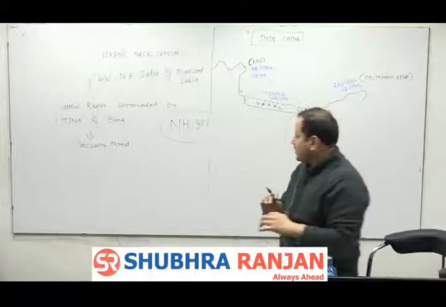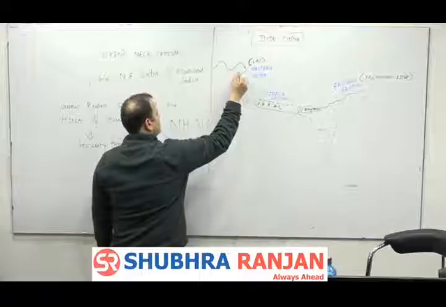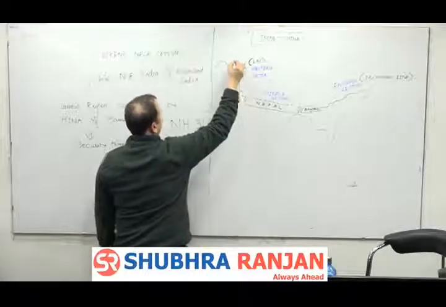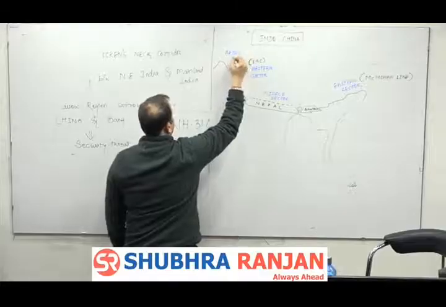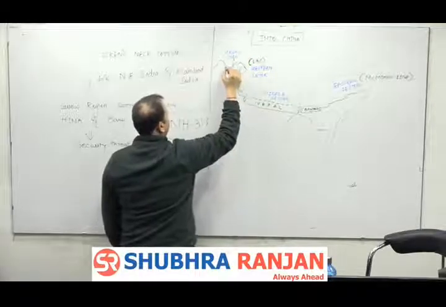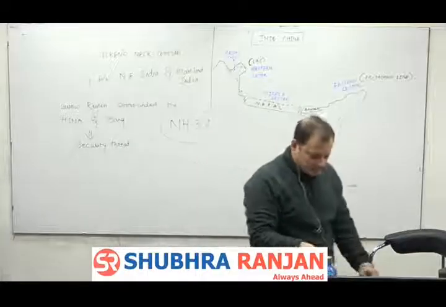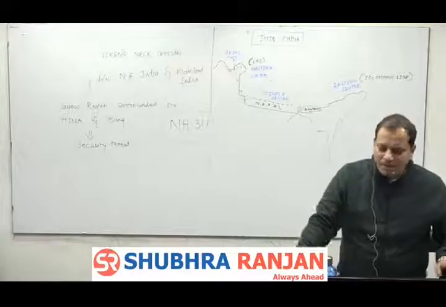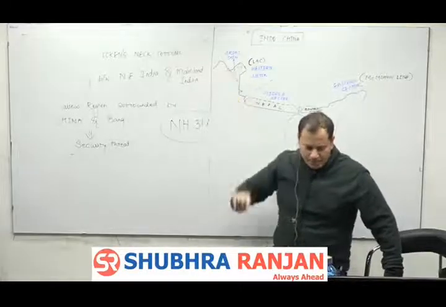Now we'll first look at the geographical point. This part of this is what is known as an Aksai Chin region. उसमें some part of Aksai Chin has been given to China by Pakistan.